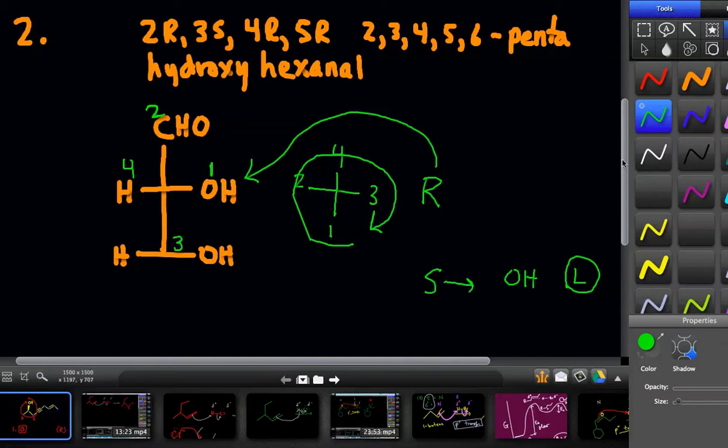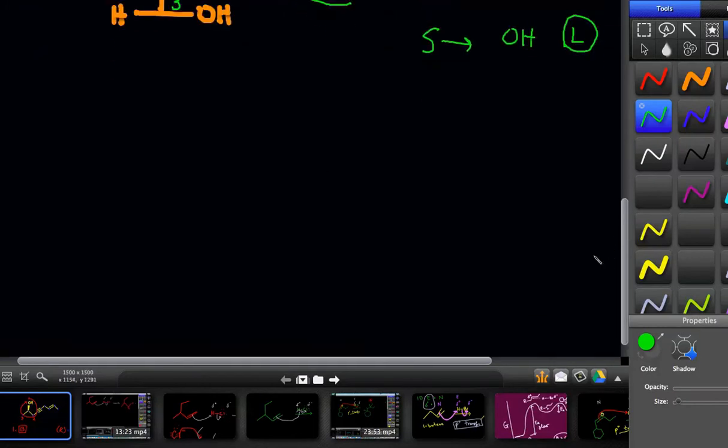And so we can very quickly determine the proper structure should be as follows.